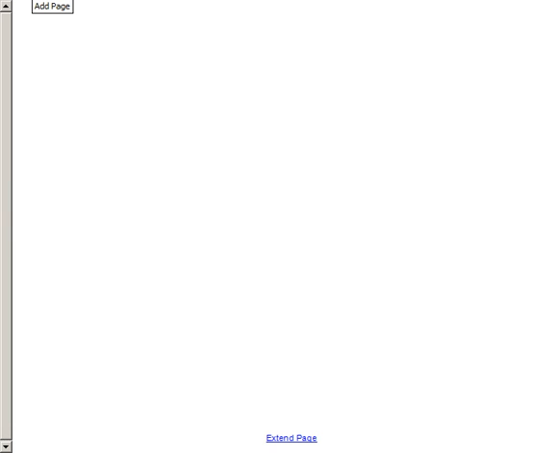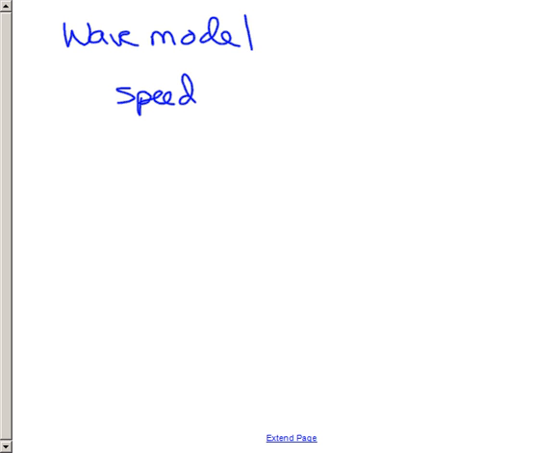The next thing that you would probably need to do is to be able to do some calculations with waves. There's really only one model that you've used in your physics class, and that is that the speed of a wave is equal to the wavelength of the wave times the frequency.